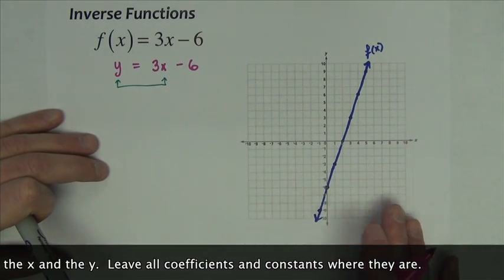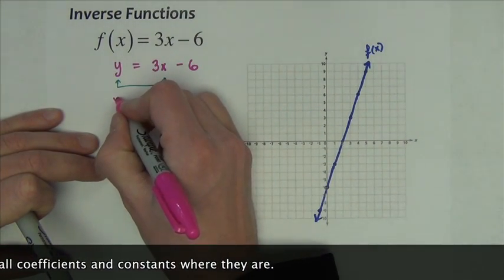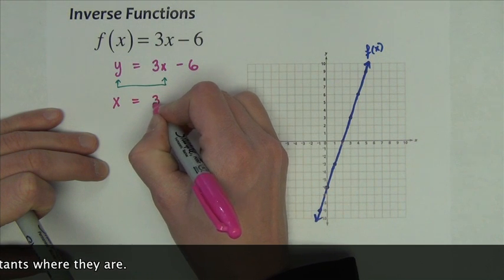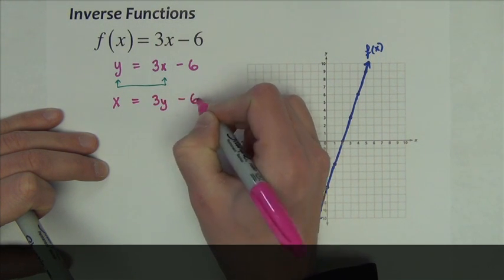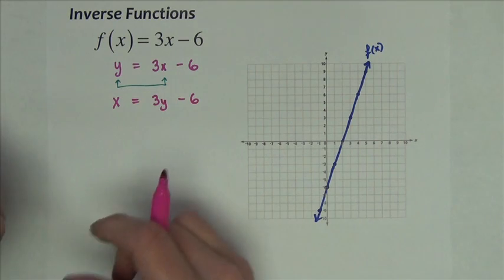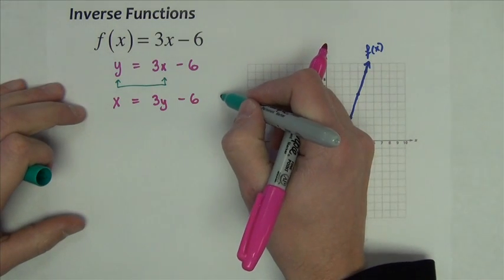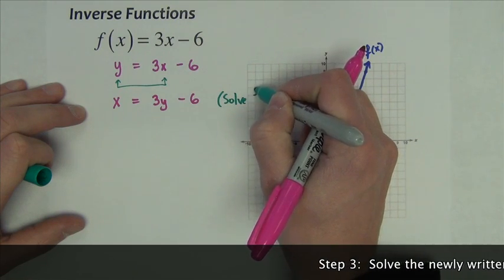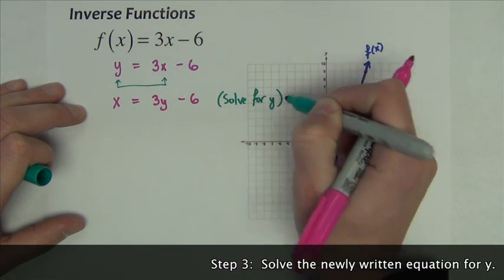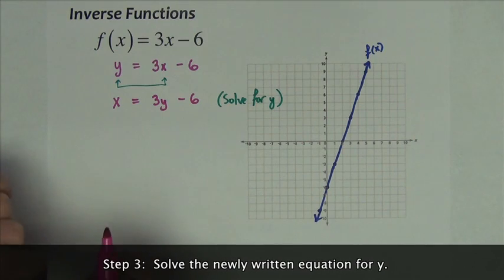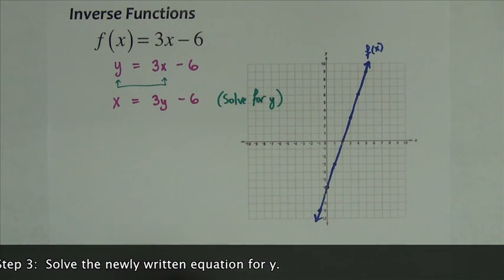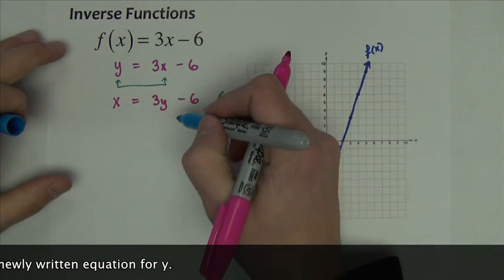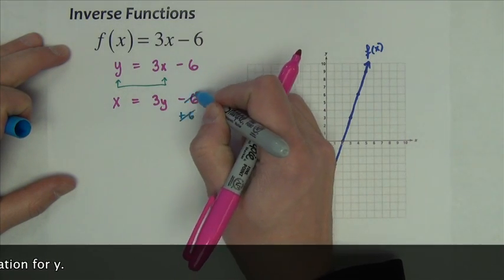So here the x becomes y, and the y becomes x. Okay. Once we've gotten this far, now comes the real math. Now we're going to solve for the y. I'm going to rewrite this to solve for y. So solving this for y, I would add 6 to both sides.